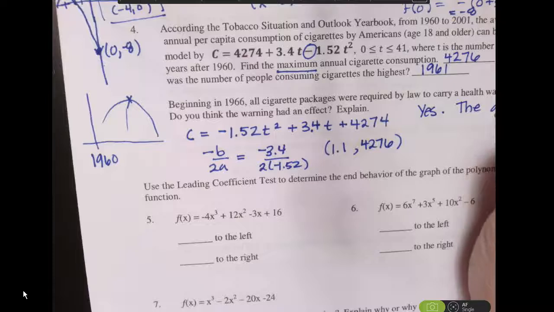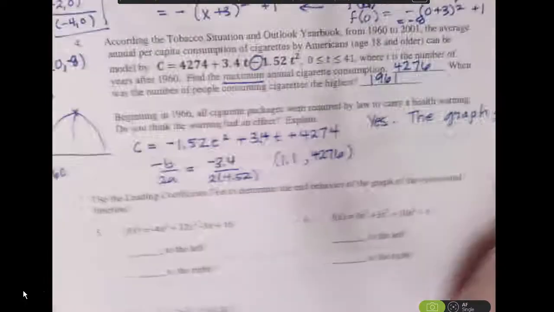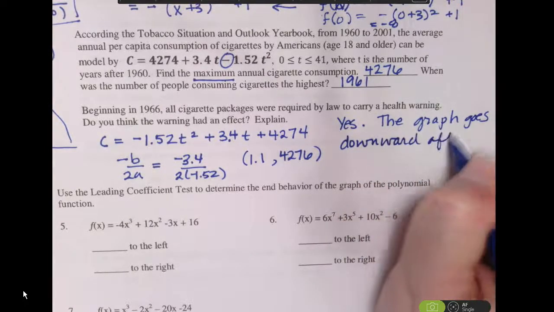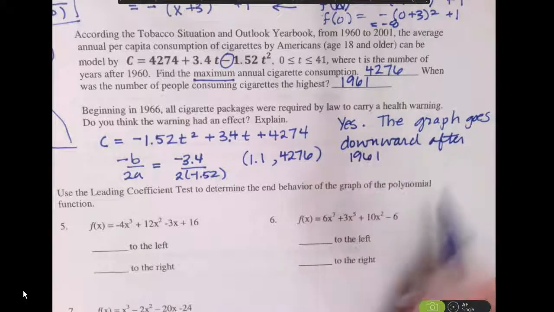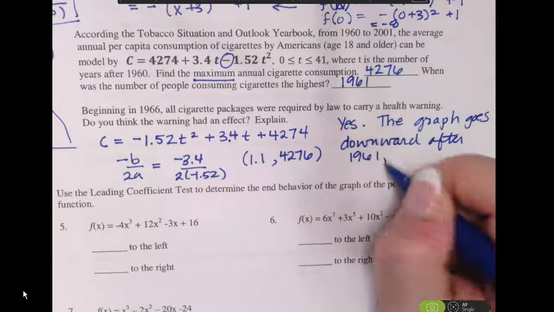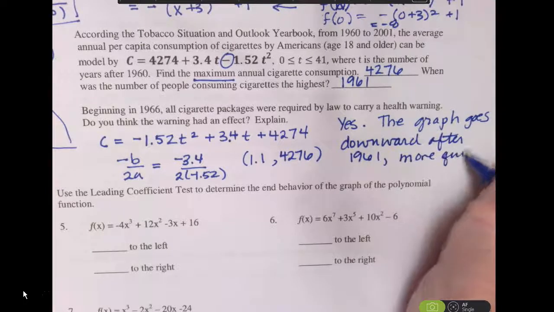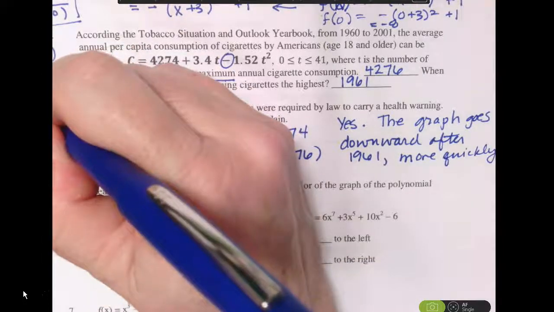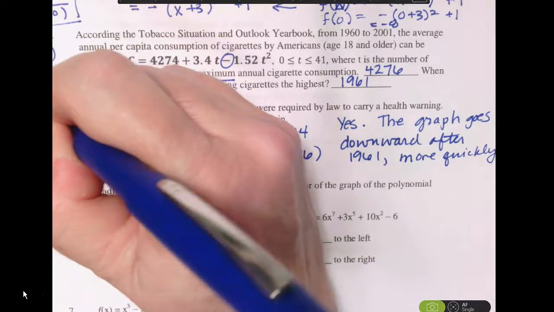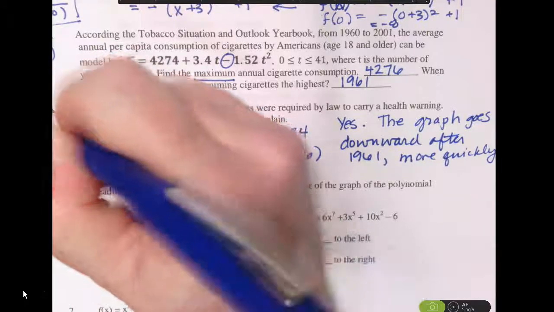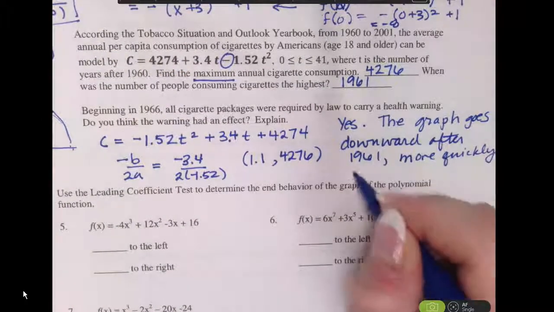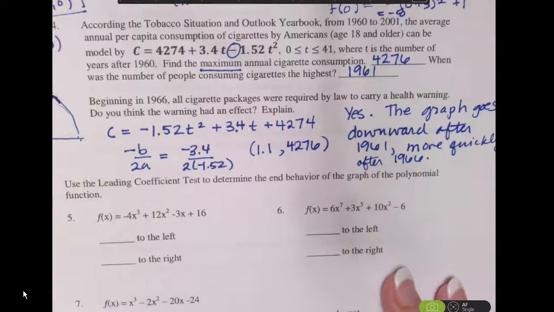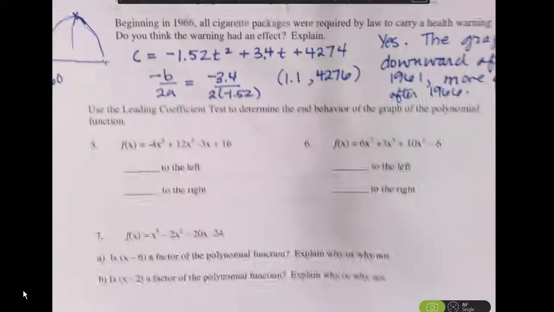The graph goes downward after 1961, and actually more quickly, because remember how exponential functions work. Like, after just 1 year it was 1 squared, after 2 years it was 2 squared, after 3 years it was 3 squared. It's going to be more and more quickly. So that's all I have to say about that.